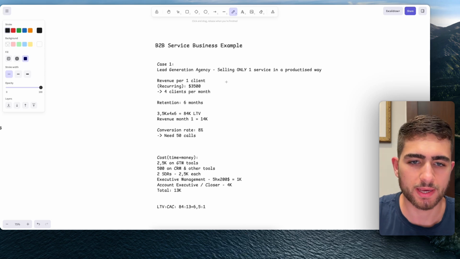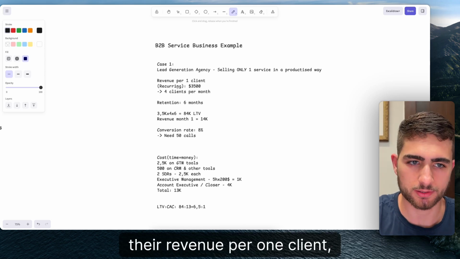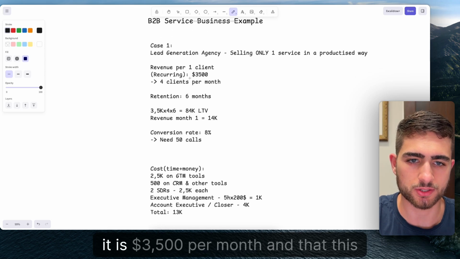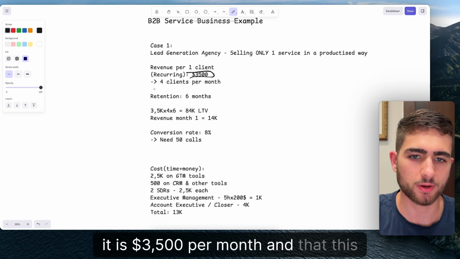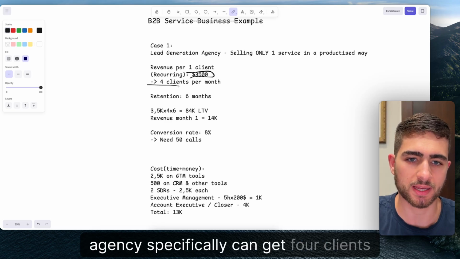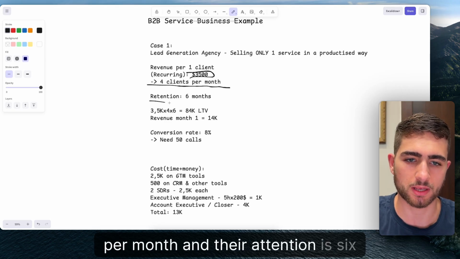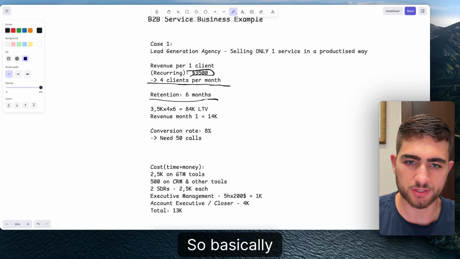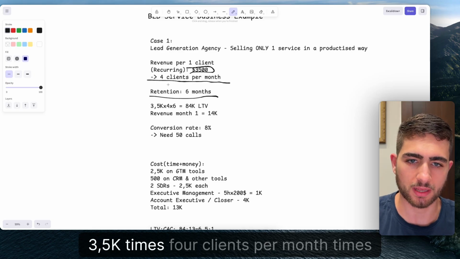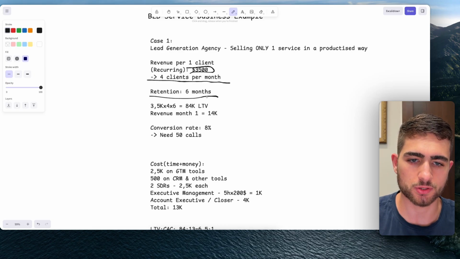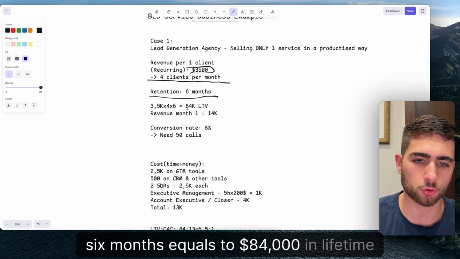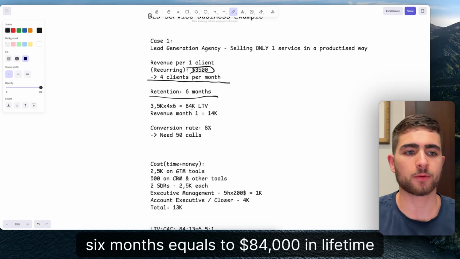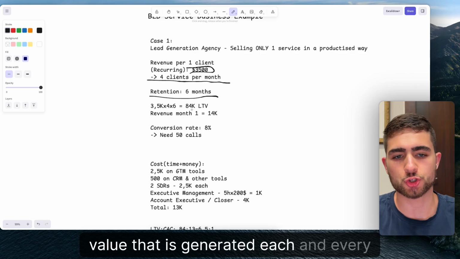Their revenue per one client, let's say, is $3,500 per month, and this agency specifically can get 4 clients per month, and the retention is 6 months. So basically 3.5K times 4 clients per month times 6 months equals $84,000 in lifetime value that is generated each and every month.